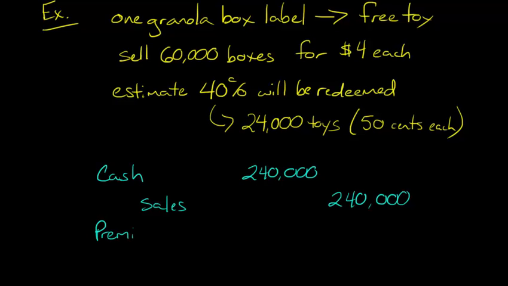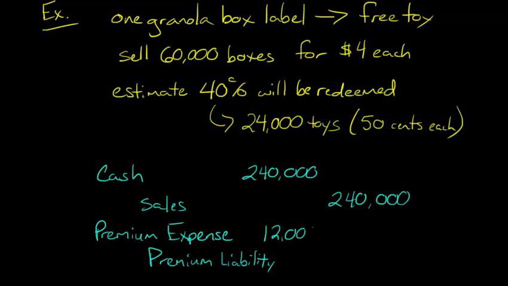We're accruing an expense, and we'll call it premium expense. And then we're going to have a liability associated with that expense, and we'll call it premium liability. Premium is just the word we use for cereal box tops, labels, these kinds of things. So this amount is going to be $12,000.